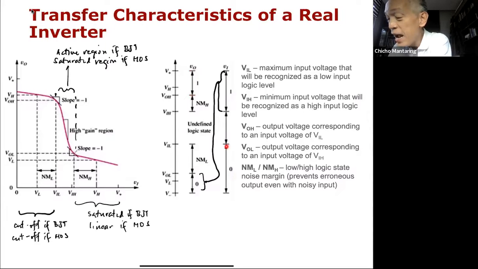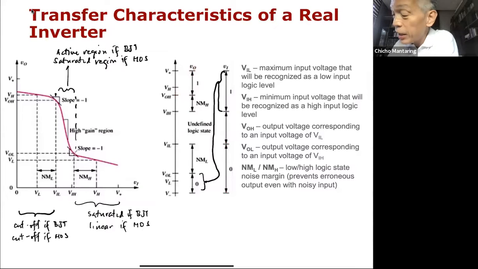When my input is VIL, VIL is the maximum possible low input voltage. So, saan yan dito? VIL here, that's the maximum possible low input voltage, which will be interpreted as a low. My output will be VOH. So when this is my input, this is my output, VOH. So that's why this range corresponds to this range, input and output.